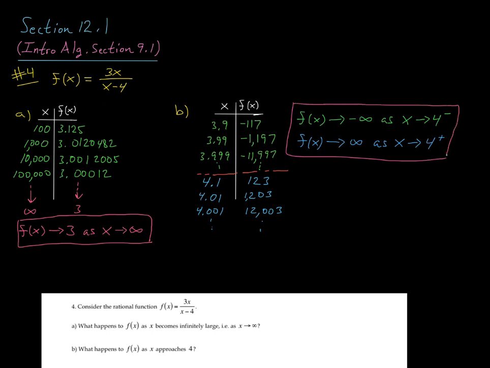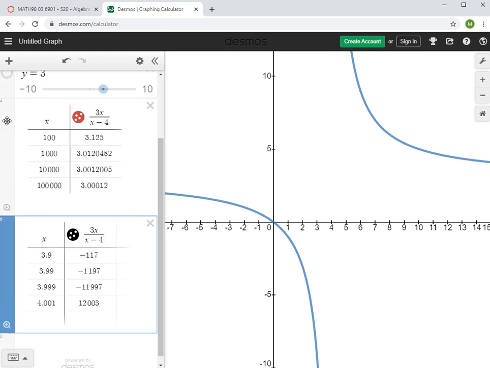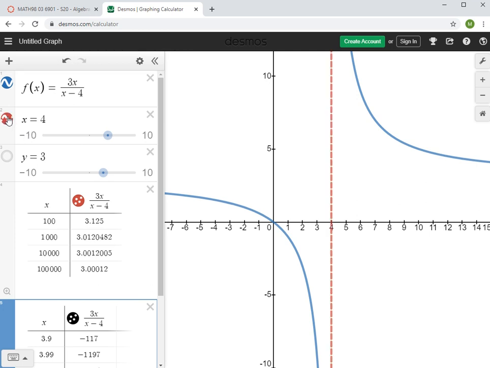All right, great. So that does it for this problem. The last thing I will say real quick is let's check out a graph just to get a feel for the results we just found. Here is a graph of my function. Like what we saw in the very first question, we have what we call a vertical asymptote at 4.